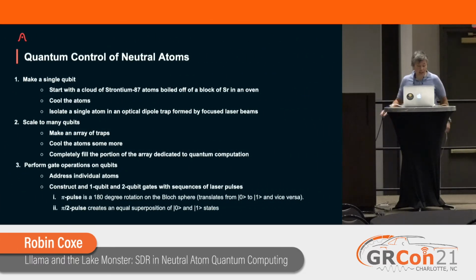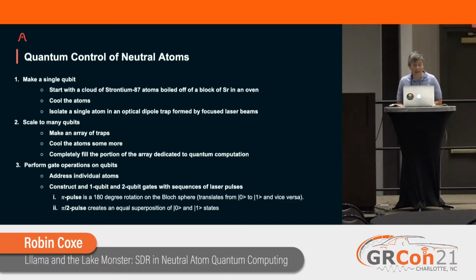So this just basically summarizes what I just said. We're making a single qubit: we're cooling the atoms, isolating them in optical dipole traps focused by laser beams, then cooling them some more. One point that should be made is that when we fill the array, only on average about 50% of the sites are full.